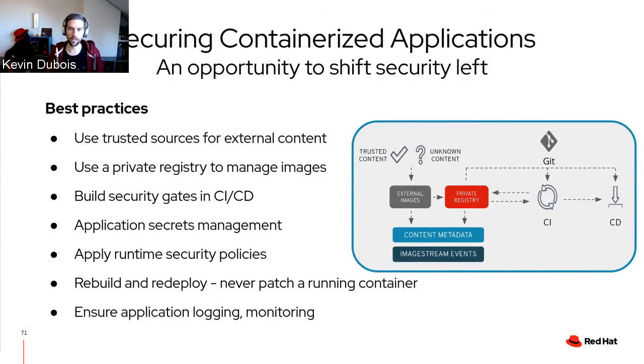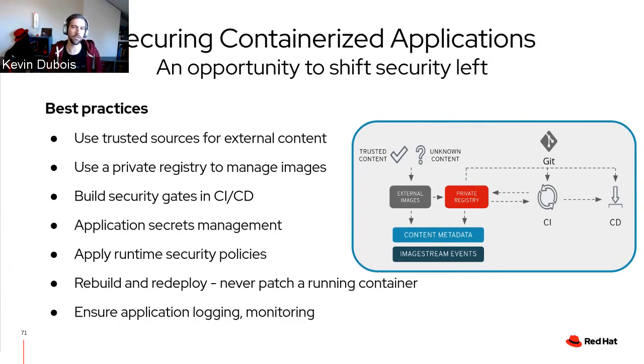If we start with using trusted sources for our external content that comes packaged in containers, that gives us more confidence than just going to Docker Hub or some other registry to pull down any kind of random image that we find. It may be exactly what we want, but it hasn't been tested, hasn't been stabilized, and hasn't been vetted by our security staff.